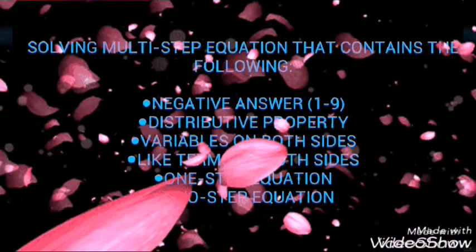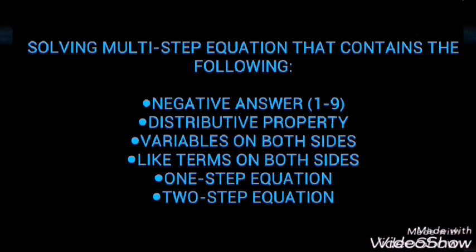The next equation that I'm going to teach you is the equation that contains the following: a negative answer from 1 to 9, distributive property, variables on both sides, like terms on both sides, one-step equation, and two-step equation.